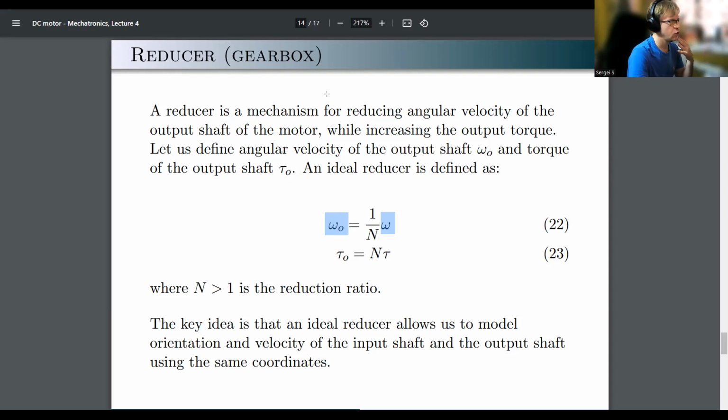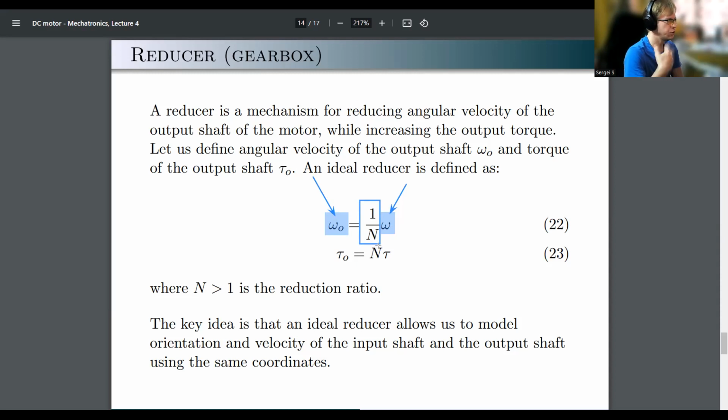This omega describes something internal to the motor. This omega describes something external. But we can replace one of them with the other. We can use one variable to discuss both of them because they're proportional, and the coefficient of proportionality is well known, 1/n. This is the whole point.